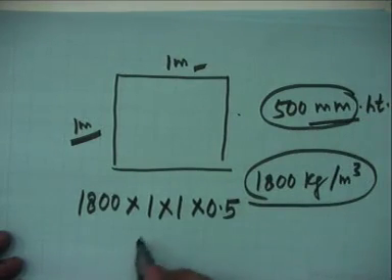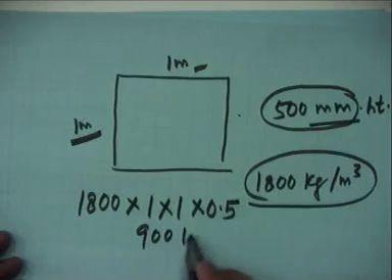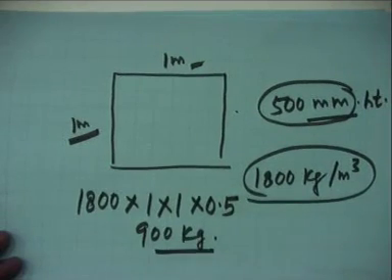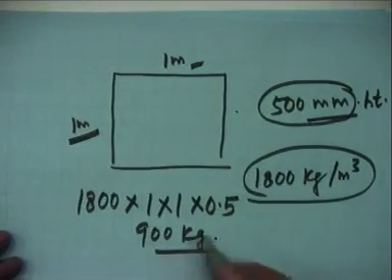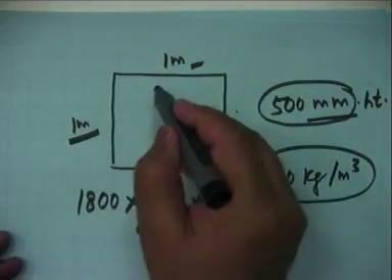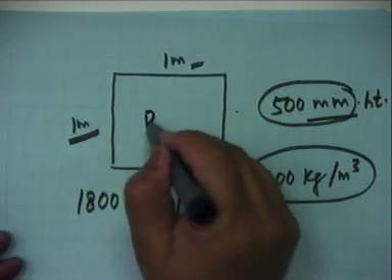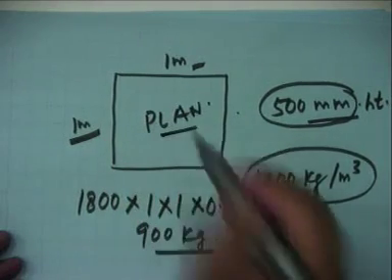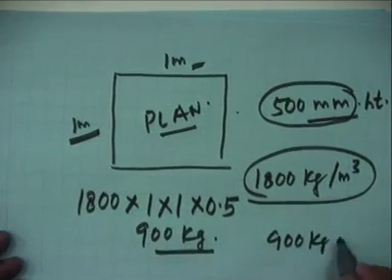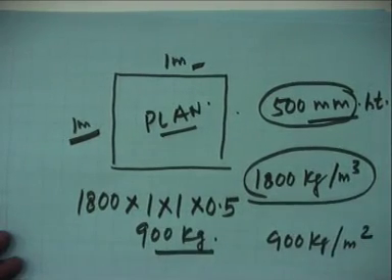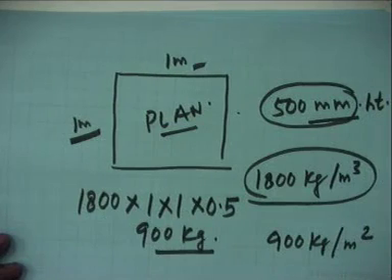So this would be 900 kg. 900 kg for how much area? 1 by 1, 1 meter by 1 meter. This is plan. So, your load is basically 900 kg per meter square. So, is this clear to you, technology class? Is it clear?